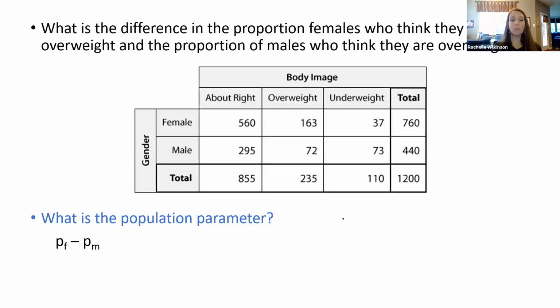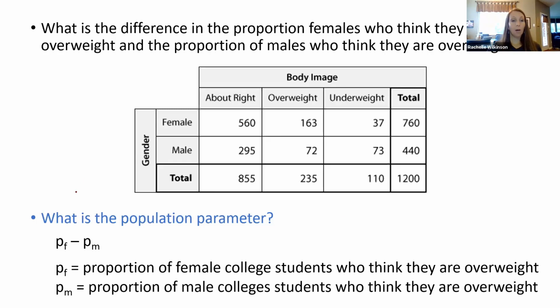All right, so let's look at this then. What we want to do is estimate the difference in the proportion of females and the proportion of males who think they are overweight. My population parameter is going to be PF minus PM. And then of course I need to define what PF and PM represent. So PF is going to be the proportion of female college students who think that they are overweight.